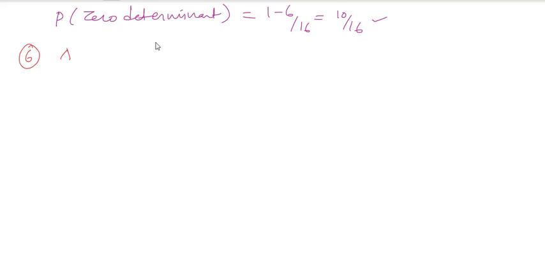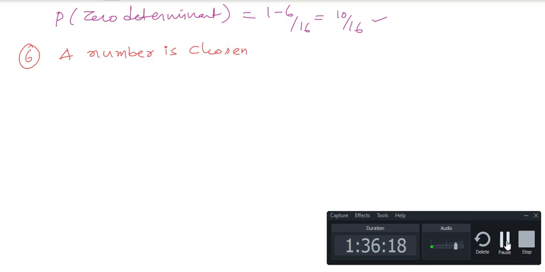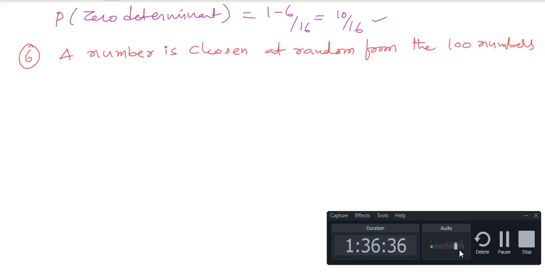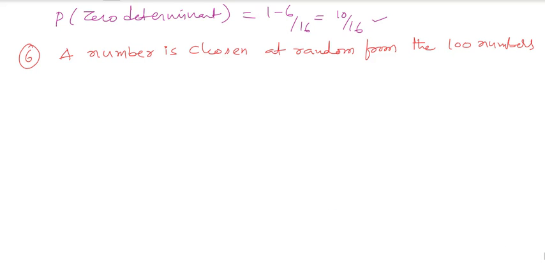A number is chosen at random from the 100 numbers.